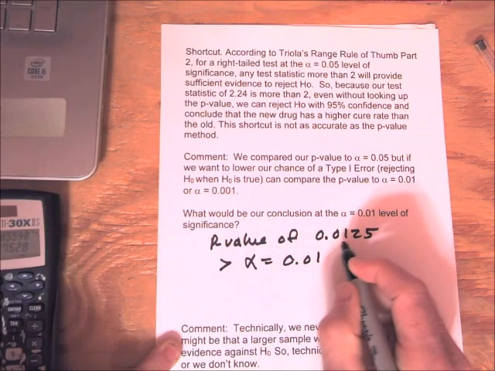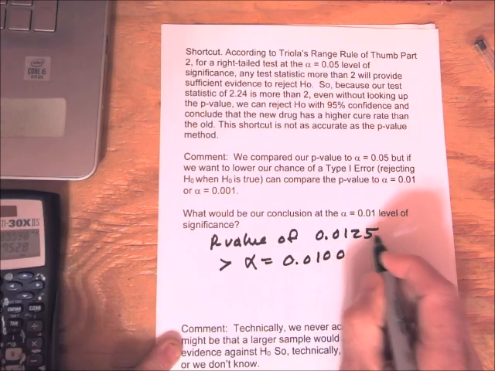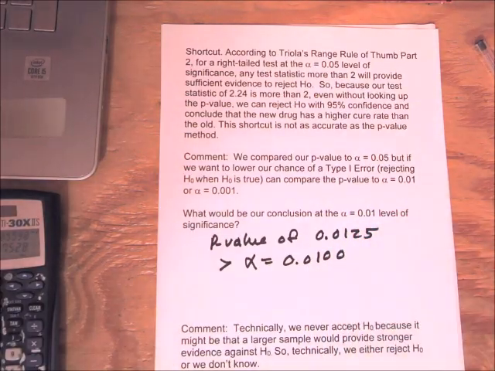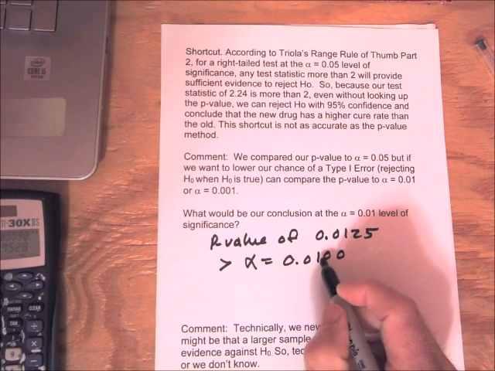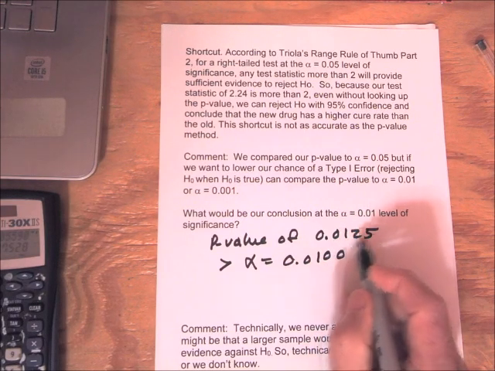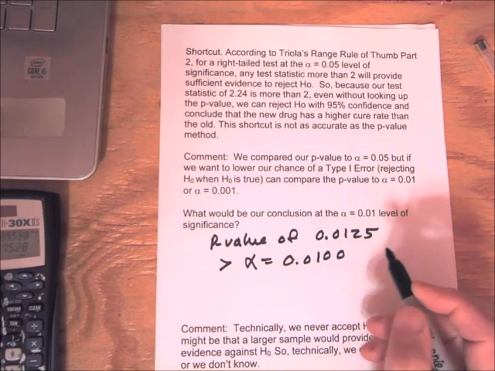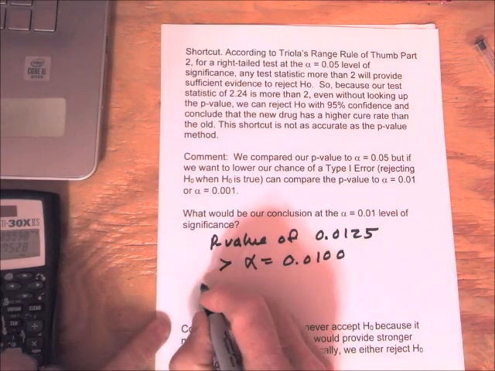And again, it makes it easier to compare if we add trailing zeros, so they have an equal number of digits after the decimal point. So 125 is more than 100, so that means that 0.0125 is more than 0.01. So that means in this case we would fail to reject h0.